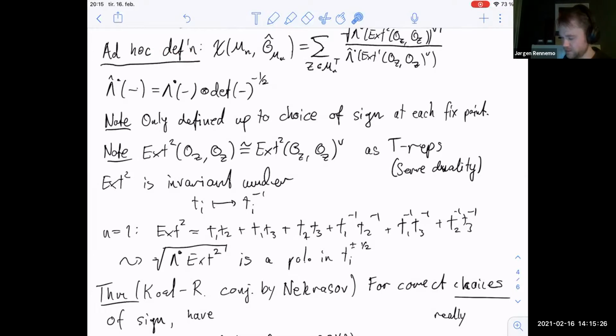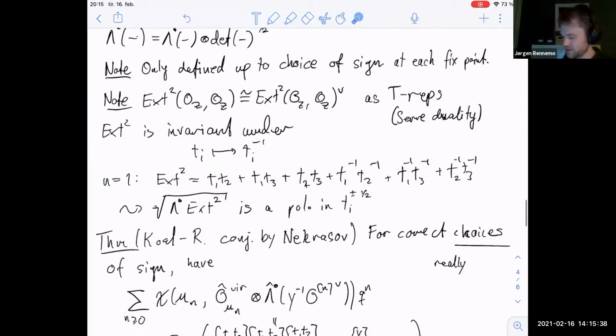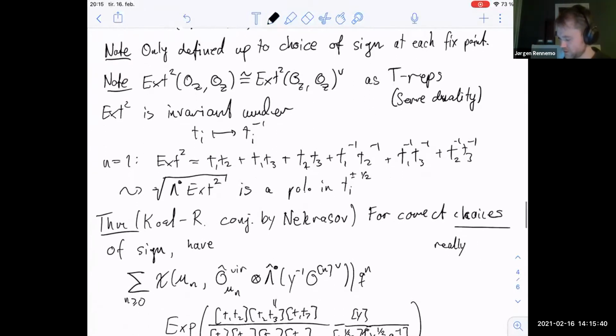We can give this meaning by defining this thing, and then this formula becomes a theorem, and computing the sign becomes a computational problem. We're not saying we should sit down and just make choices; there's really a computation to be done here of which signs to put.